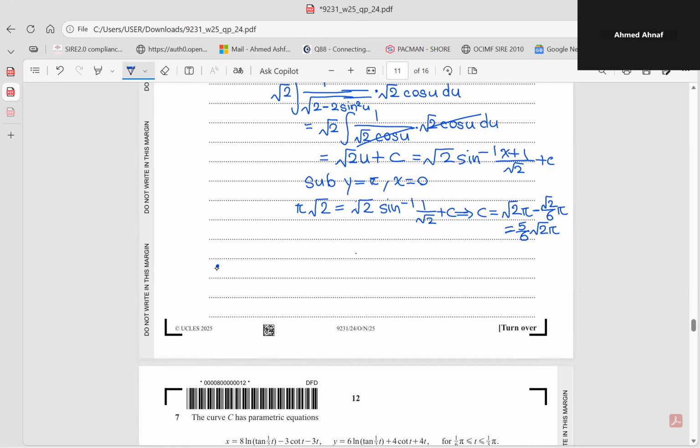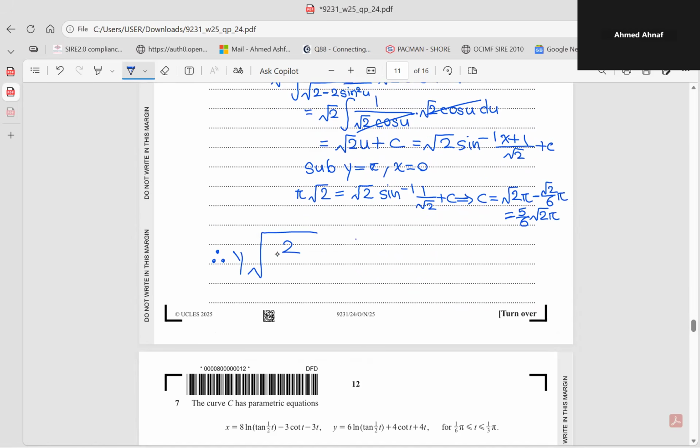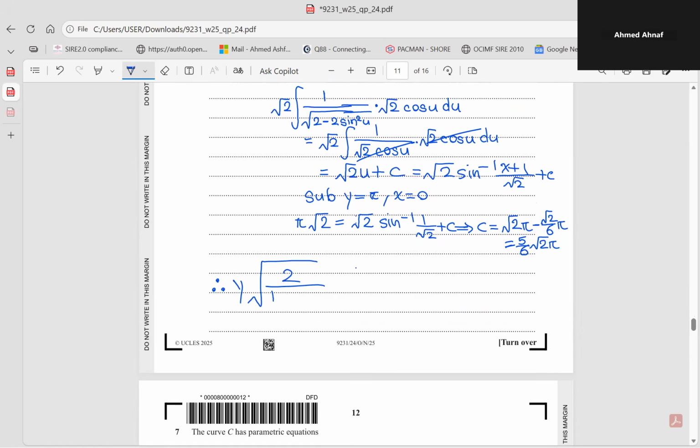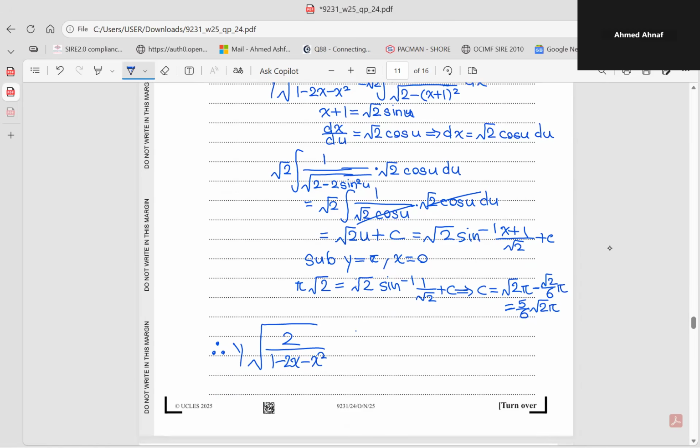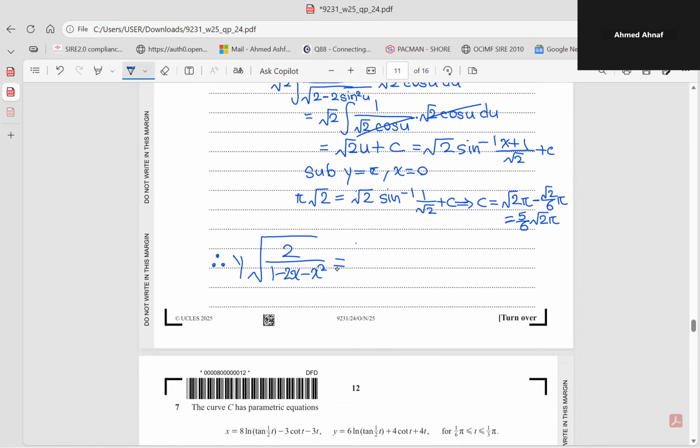And therefore we can conclude y square root 2 over 1 minus 2x minus x squared equals square root 2 sine inverse x plus 1 over square root 2 plus 5 over 6 square root 2 pi.